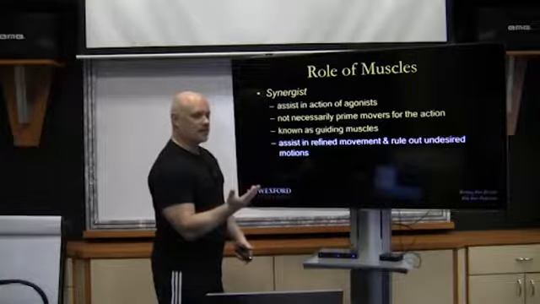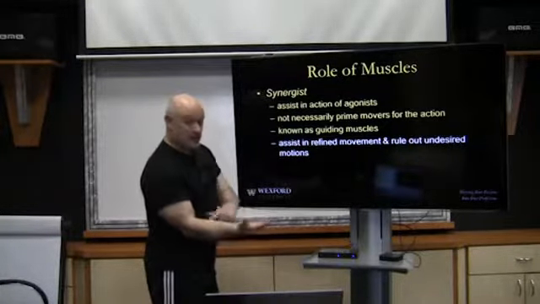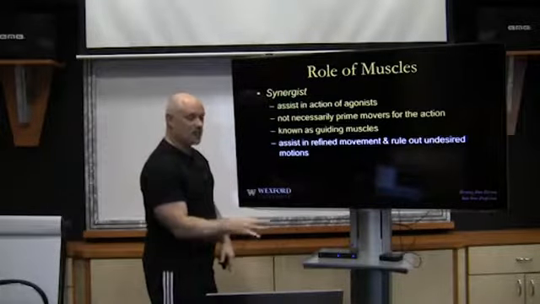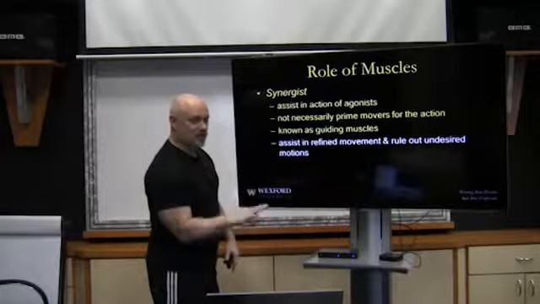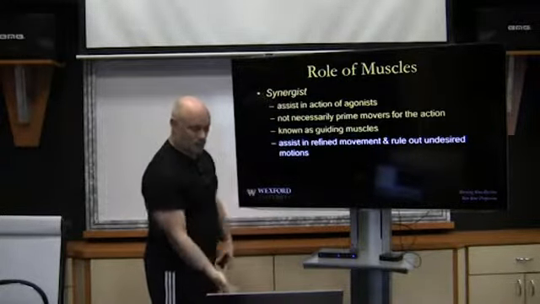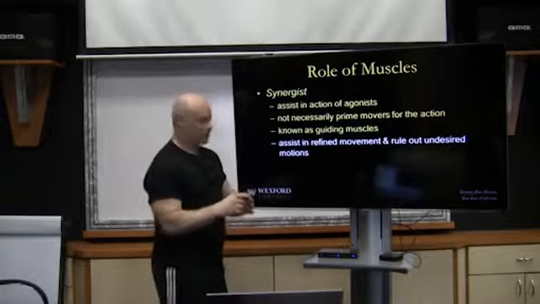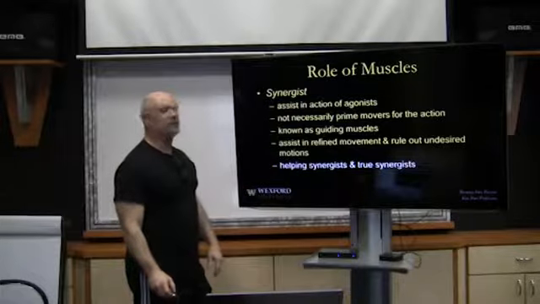So we'll have fixators at one joint so we can cause this movement. We also have fixators we talked about before to do supination and pronation. We just want this action. We don't want the hand to do this at another particular joint, the radioulnar joint. We want the elbow joint just to work. These are helping synergists and true synergists.